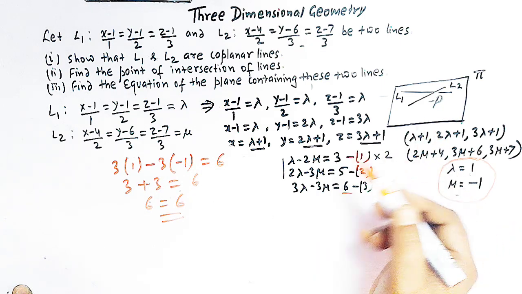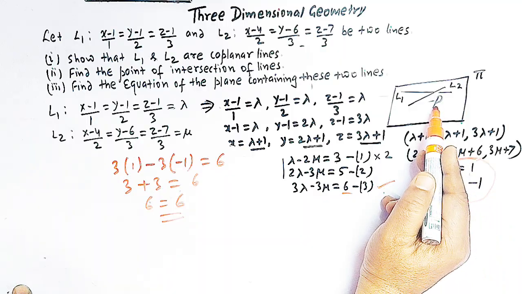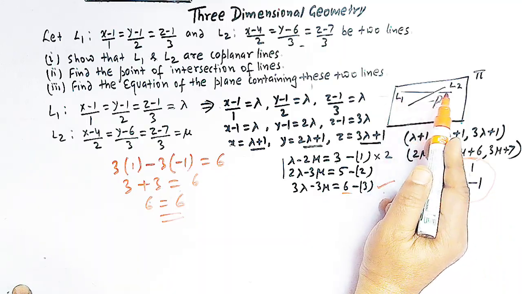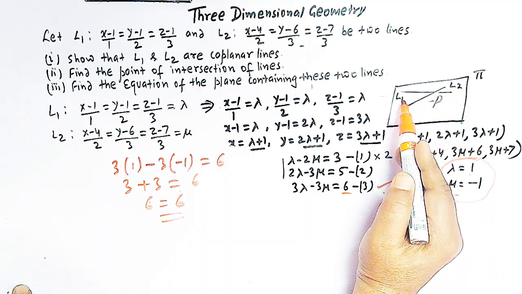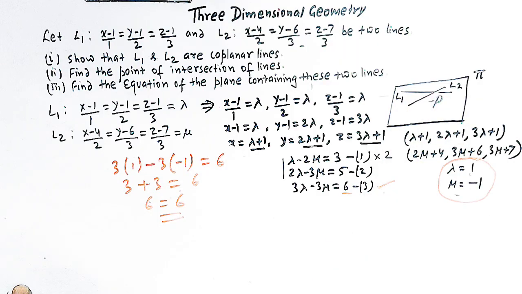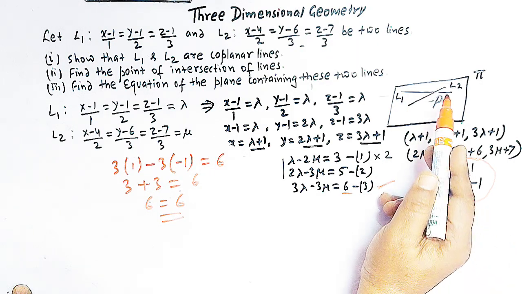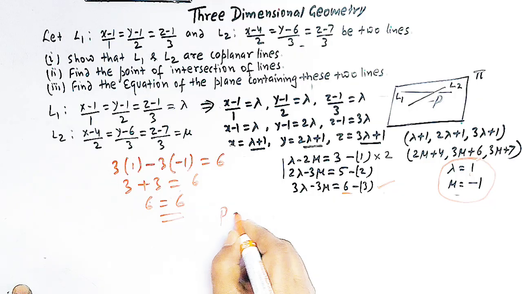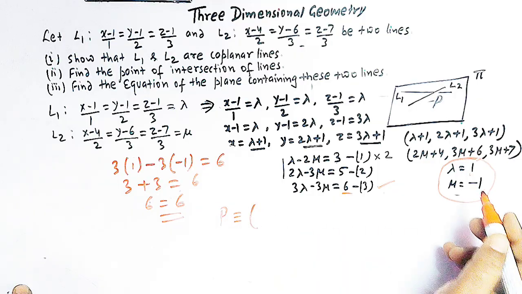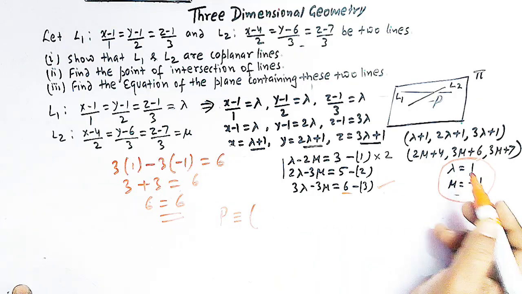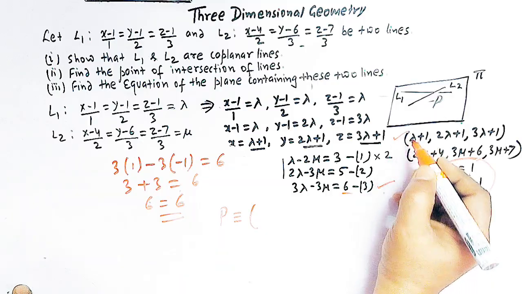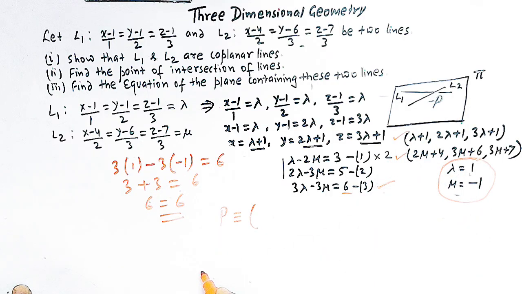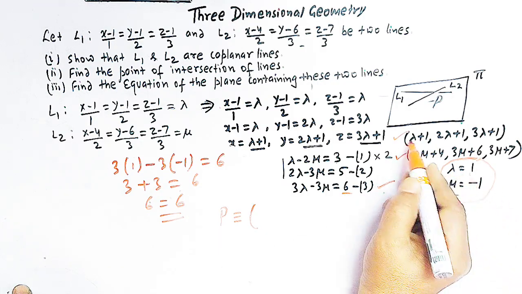So it implies that the values of lambda and mu satisfy the third equation also. So we can now claim that this point P is the point of intersection of the two lines L1 and L2. To get the coordinates of the point P, we can substitute the values of lambda and mu in either of these coordinates. We'll take this one.